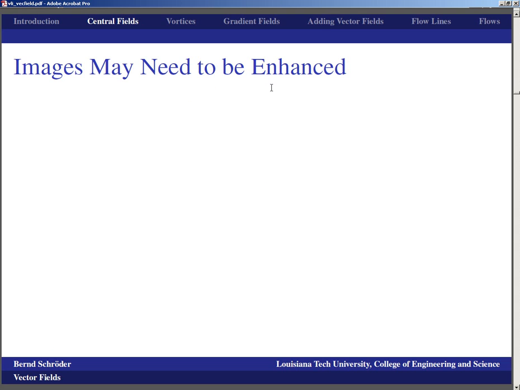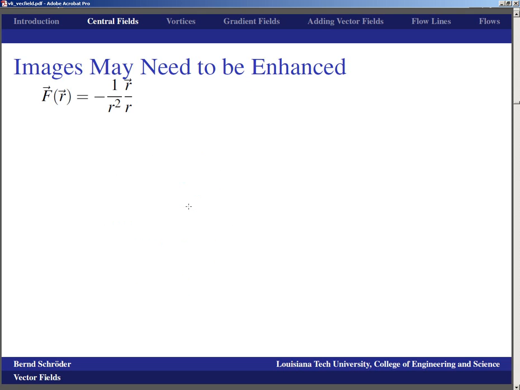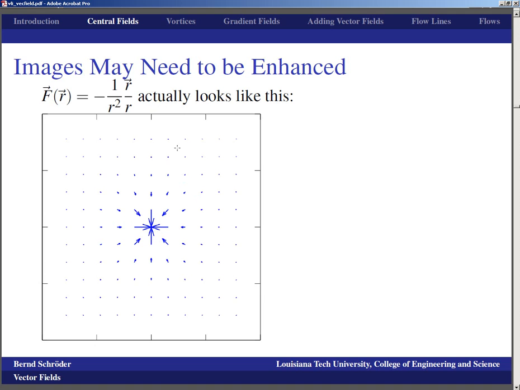Images of these fields may need to be enhanced, because if we're looking at the field F of r being negative 1 over r squared times r over r, we just visualized that as this field because we wanted to see some vectors. However, if we actually plot this thing to scale, it actually looks like this. And that's where we can see, yes, it is the same field.